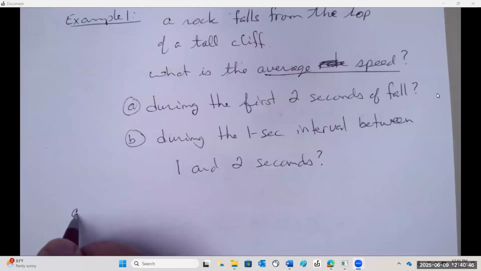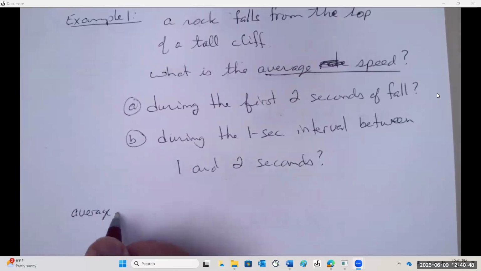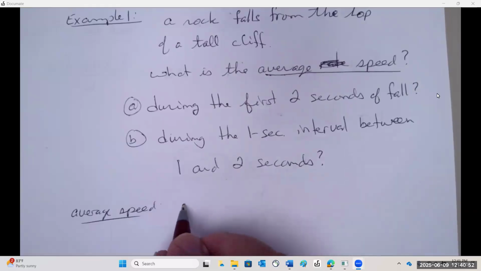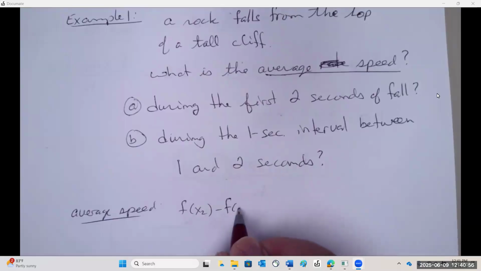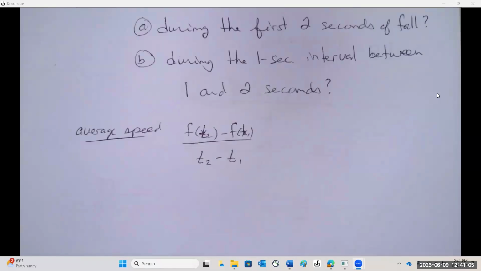So, average speed will be the position, make that t, f of t2 minus f of t1 over t2 minus t1.